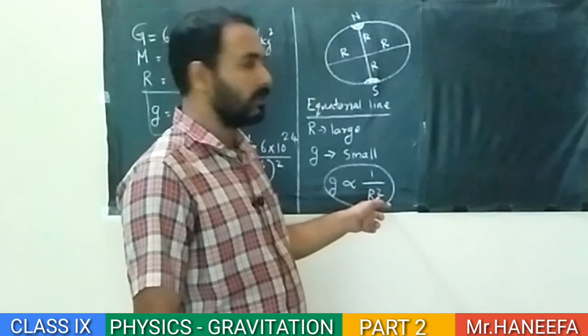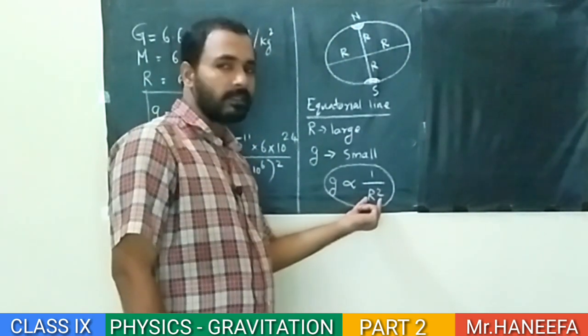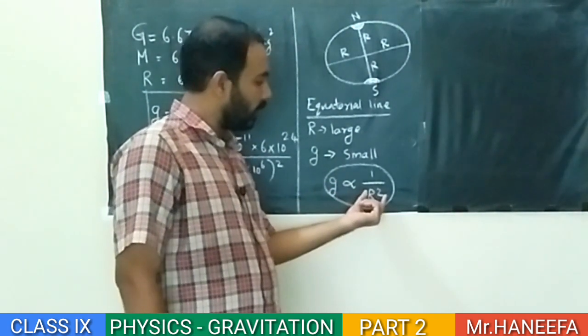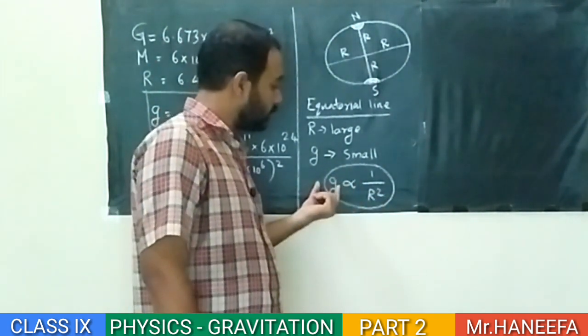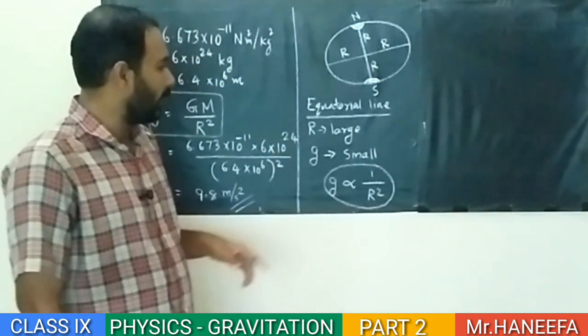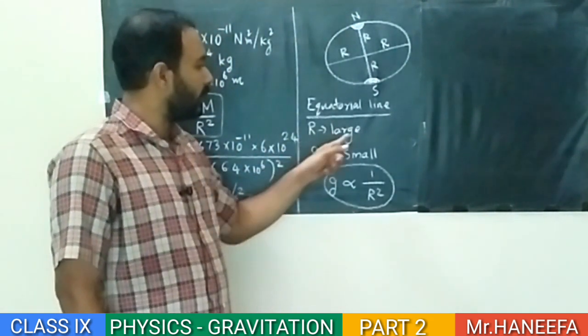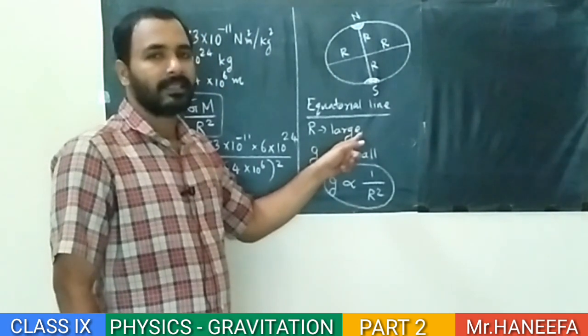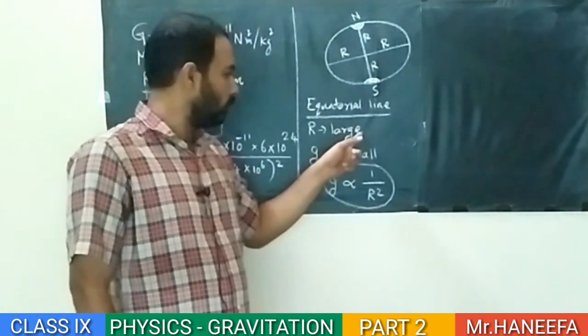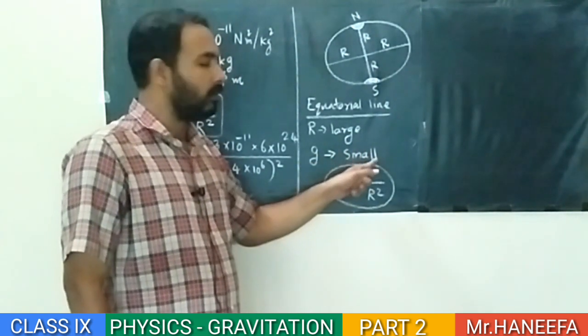Inversely proportional means r increases, g decreases. R decreases, g increases. So, in the equatorial line, radius of the earth is large as compared to the radius at the poles. So, g is small.